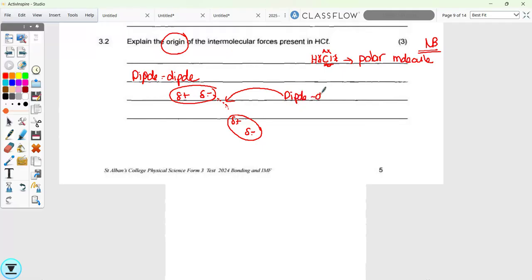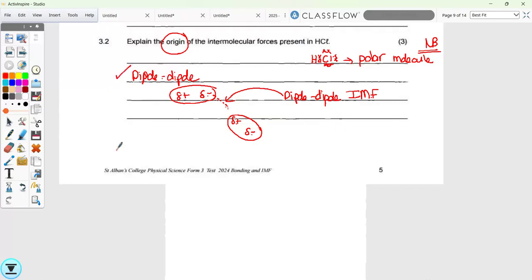You are always welcome to draw a diagram to help you explain. Here's my one dipole, there's my other dipole. An annotated diagram could be fine. It's 3 marks.